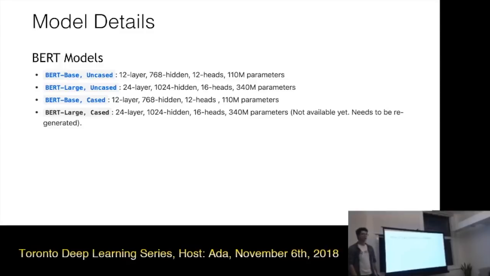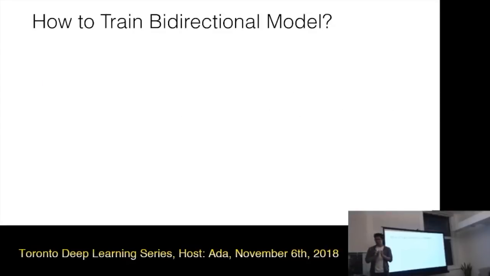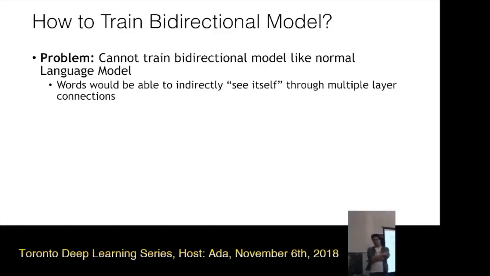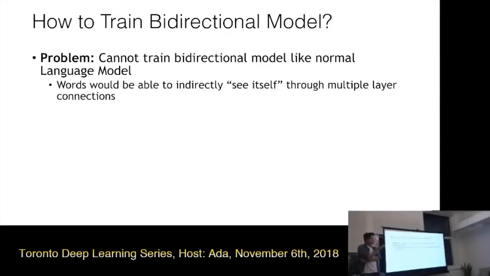Okay, to answer your question: how to train a bidirectional model? Unfortunately, it's impossible to train a bidirectional model like a normal language model, because since you have bidirectional connections, words will indirectly be able to see themselves, and then prediction would become trivial, which is what the paper claims. And to do this, I really think this is a very novel invention of the paper.